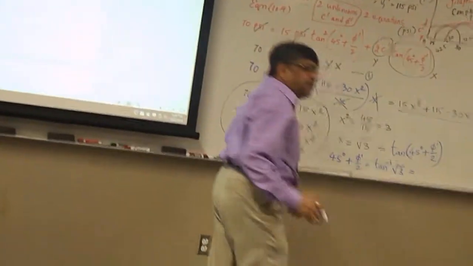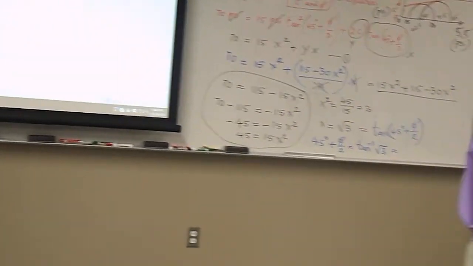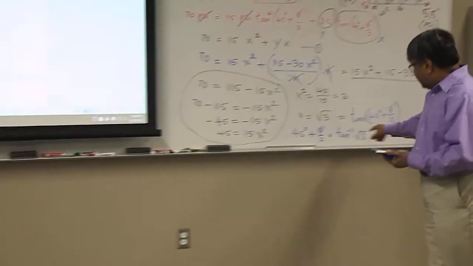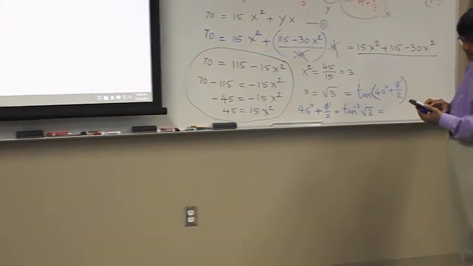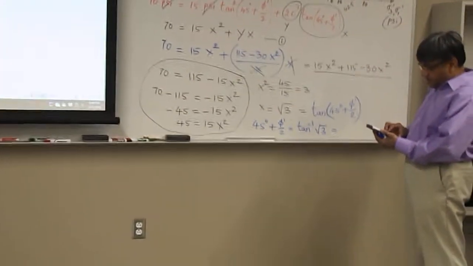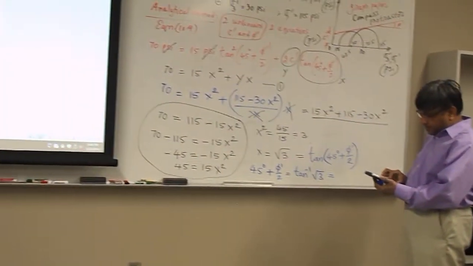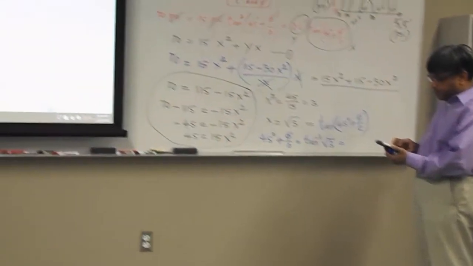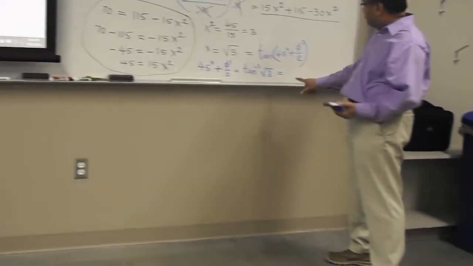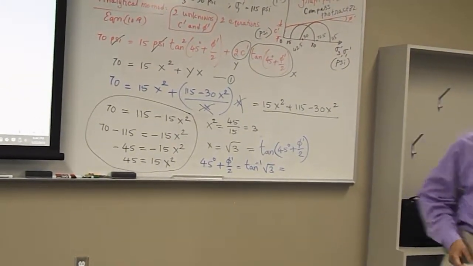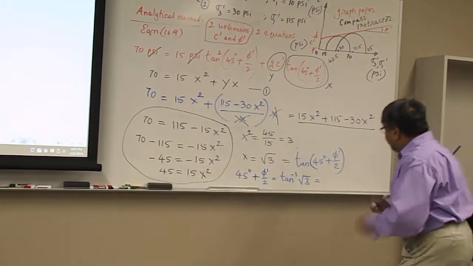Let me use my calculator. Let us see what that is. tan inverse of 3 to the power of 0.5 gives me 60 degrees. This gives me 60 degrees.